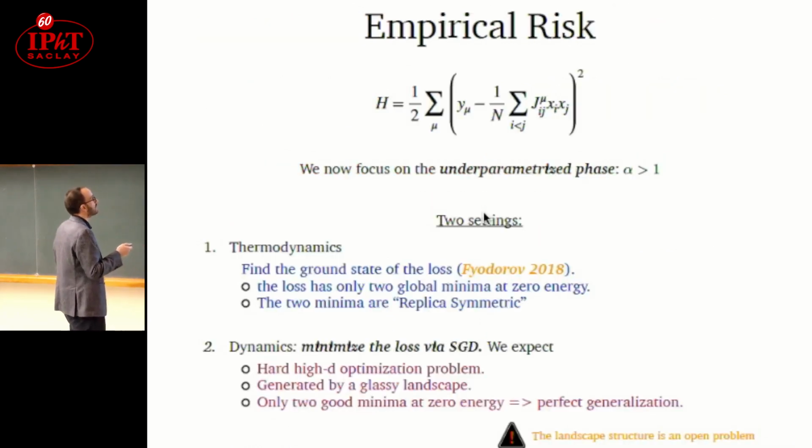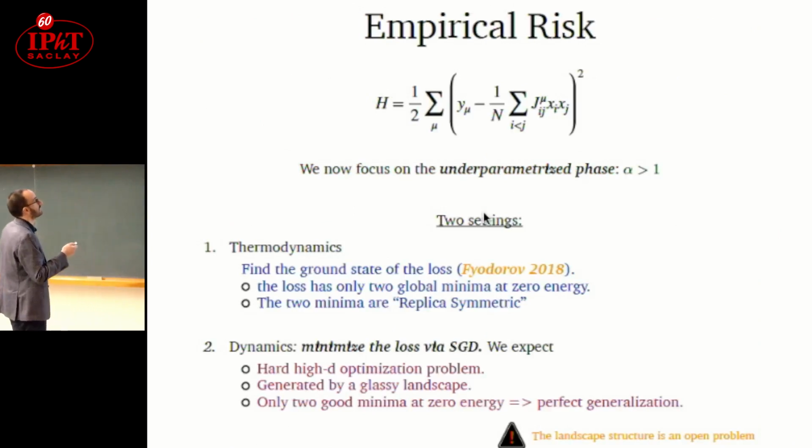So there are two ways you can try to understand this cost function. One is thermodynamics, and you in particular can focus on the ground state. And this was done by Fyodorov in 2018, who studied this model. And actually thermodynamics here is very easy in the sense that there are just two ground states. One is x star and one is minus x star because this cost function is Z2 invariant.